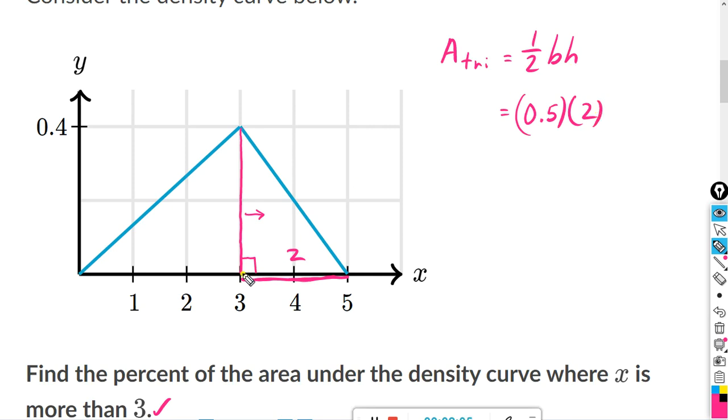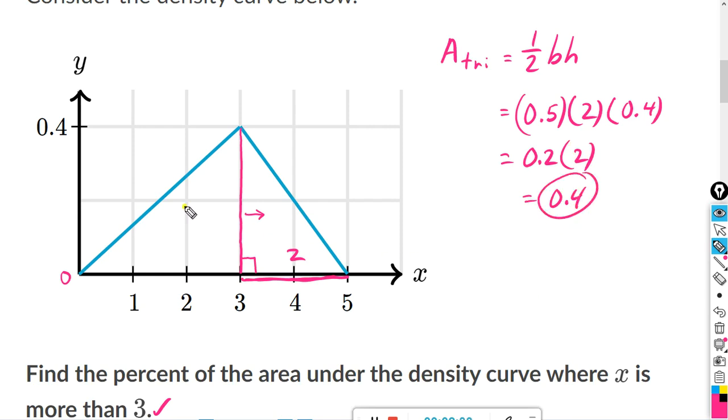And the height of the triangle, this is 0 on the bottom, and it goes up to 0.4. So the height of the triangle is 0.4. Okay, so 0.4 times 0.5 equals 0.2 times 2, and that equals 0.4.